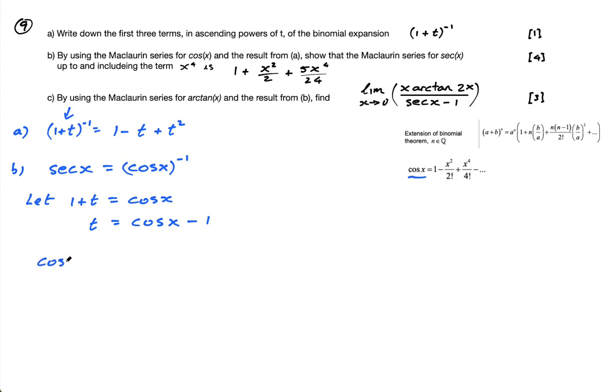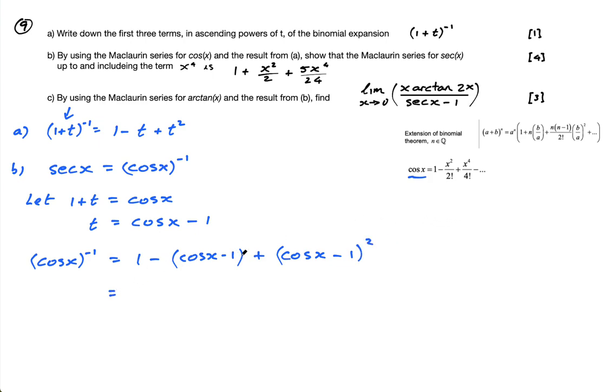Okay, so now I can say cos x to the minus 1, which is this thing here, is equal to 1 minus t, which is now cos x minus 1, plus t squared, which is cos x minus 1 squared.